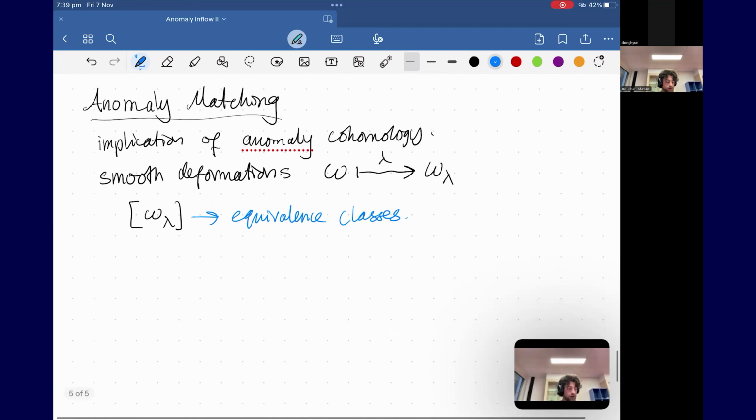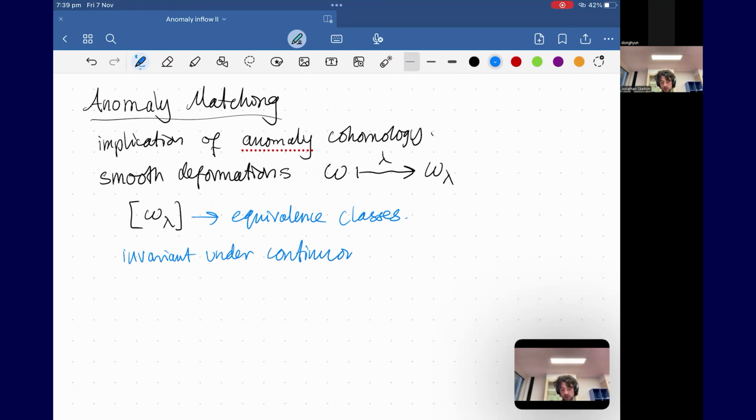And of course, this is going to be an invariant under continuous variations, as I said before, and then RG flow, and then of course, etc.